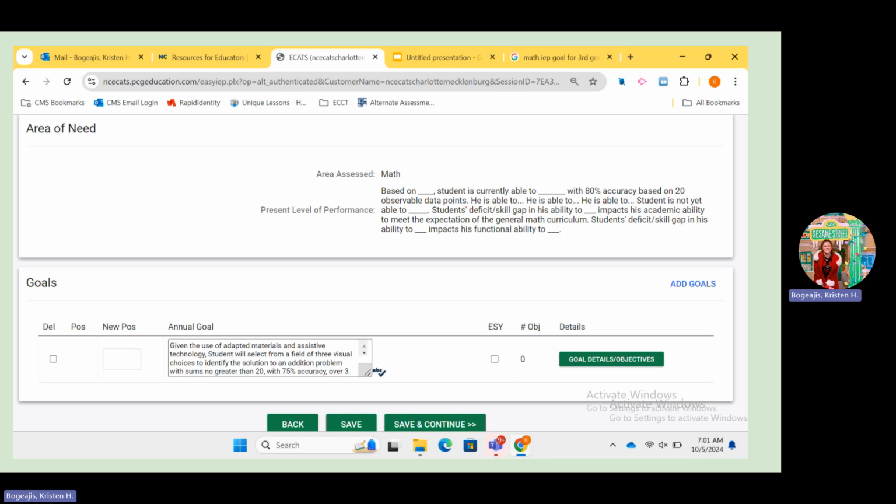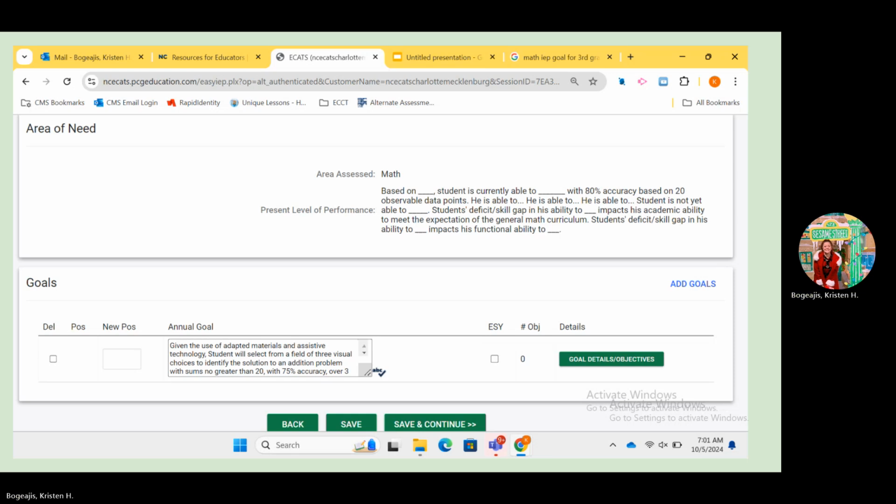So if you say a student is not yet able to add within 20, subtract within 20, or complete a comparative value statement by selecting the appropriate symbol, like greater than, less than, equal to, be prepared to write goals for all of those things, because the only thing we want to see in the present level is what they cannot do and what we're going to be doing to address it.